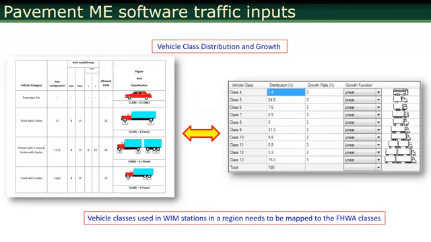That's simple, but it could be more than 10 classes. Then you have to map those into FHWA classes, and that needs to be entered here. In this case, this is actually from Qatar that I worked on. They had 48 different classes of vehicles that we had to map to 10 FHWA classes.